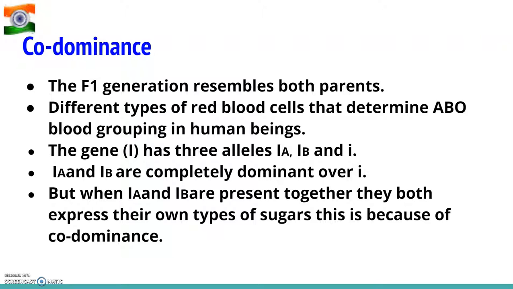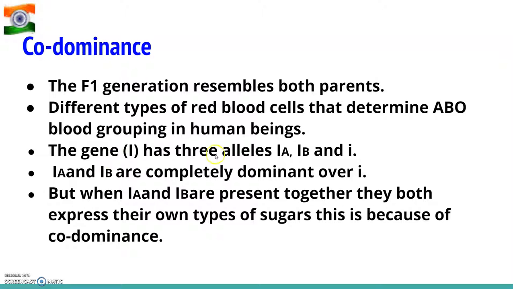A good example is the different types of blood groups. Different types of red blood cells determine the ABO blood group in human beings. ABO blood groups are controlled by the gene I, and the plasma membrane of the red blood cells has sugar polymers on its surface, and the kind of sugar is controlled by the gene.